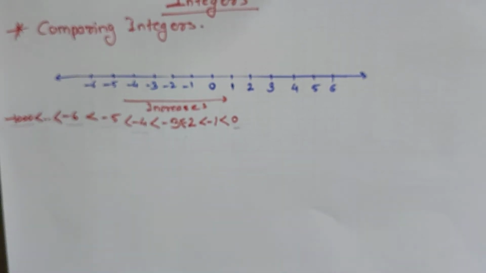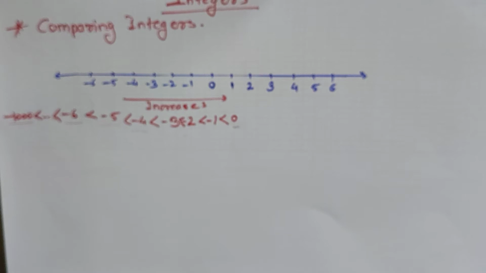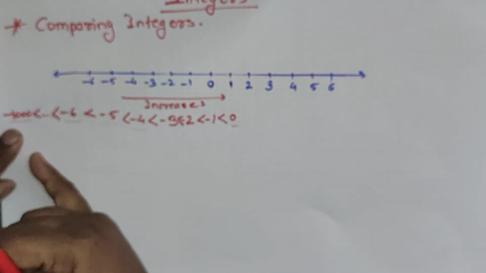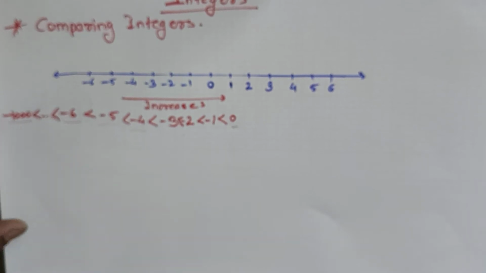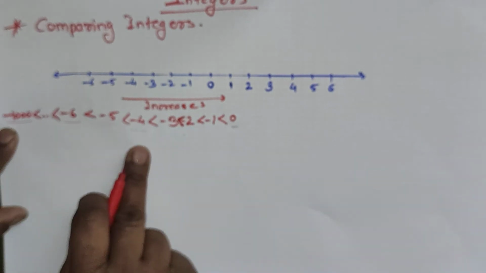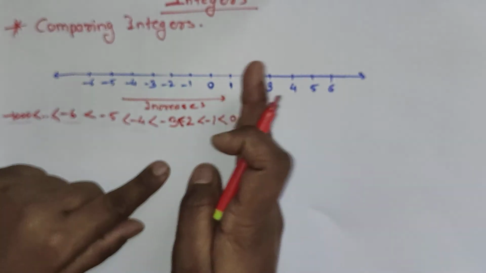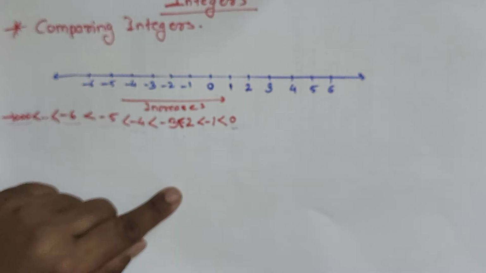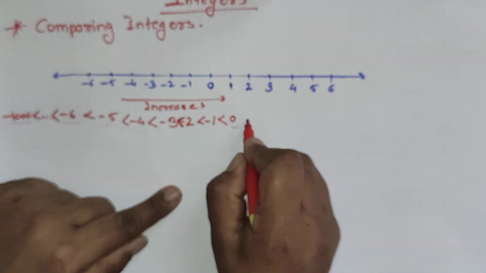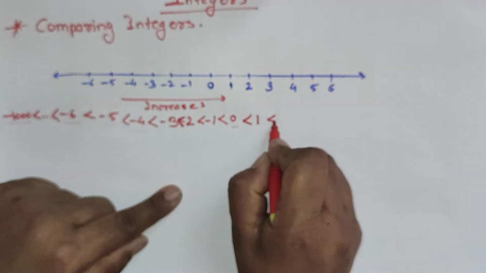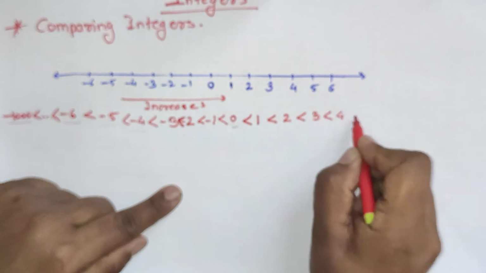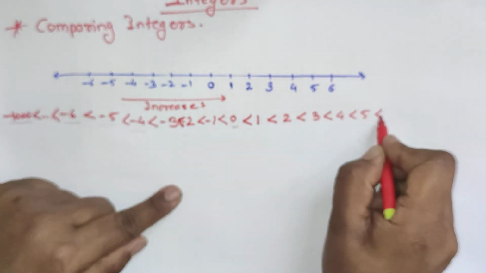This -1000 has a greater number but it has a negative sign, so it becomes smaller. Now we are moving towards the right side of the number line. -1 is smaller than 0. 0 is smaller than 1. 1 is smaller than 2, 2 is smaller than 3, 3 is smaller than 4, 4 is smaller than 5, 5 is smaller than 6.